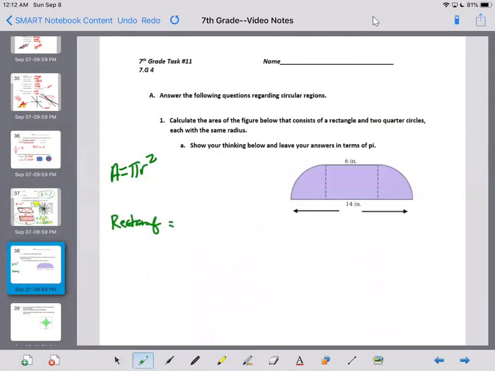So we know this length is 6. Well, it's 14 all the way across the base. So 14 minus 6 is 8. So where can we evenly distribute 8? So that's going to be 4, and that's going to be 4. So what we actually have is, if this is 4, then we know this is 4. So 4 is our radius. All right, so the rectangle is going to be a 6 by 4.